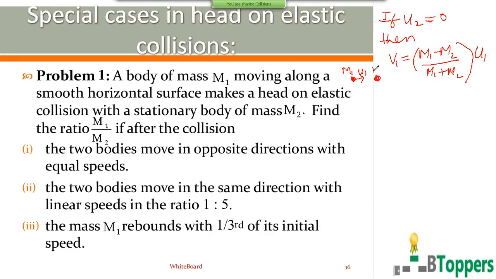Second mass m2 is initially at rest, and after collision the first mass m1 rebounds back. That means it moves opposite to the original direction, with 1/3 of the initial speed. Therefore, you can write here v1 equal to 1/3 of minus u1. You can substitute here v1 equal to 1/3 of minus u1 on the left side.